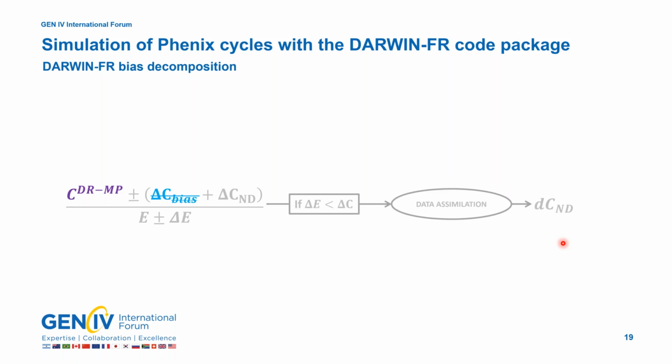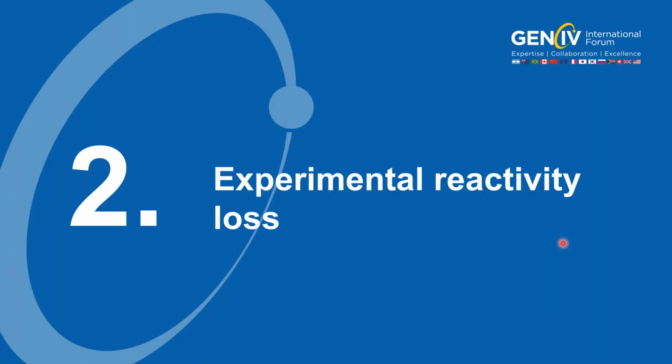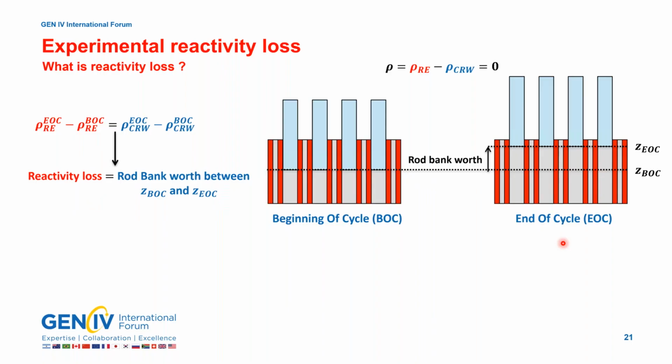Now we need to compare this value with the experimental one to observe how far we are from the real value, the reliability. So how to compute the experimental reactivity loss? For that, we need to remember that during irradiation, the reactivity loss is always compensated by the control rod extraction.